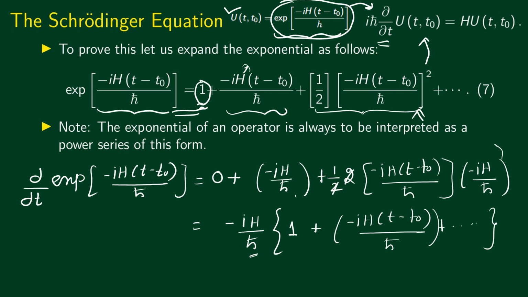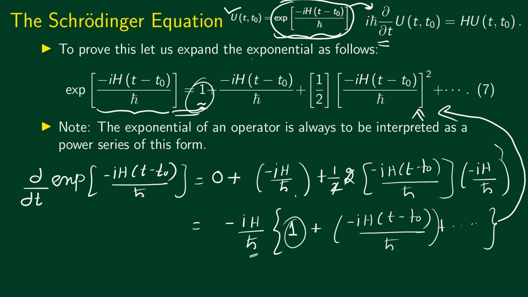Now, if you look at this, what we have here is exactly the first two terms of this power series: the identity operator, minus iH(t − t0) divided by ħ, and we have the same term here. You could also try the third term, and you will see that it also appears if you take the derivative.